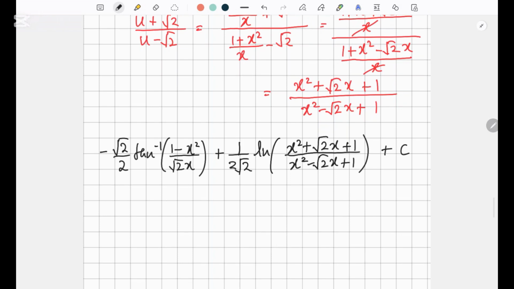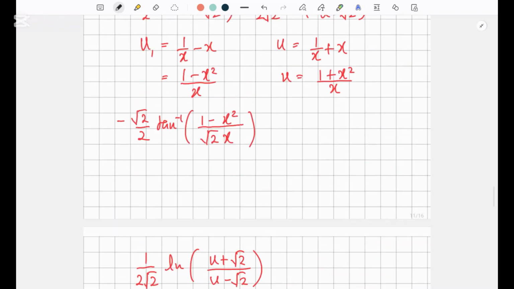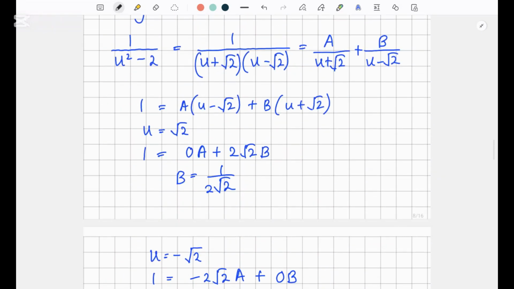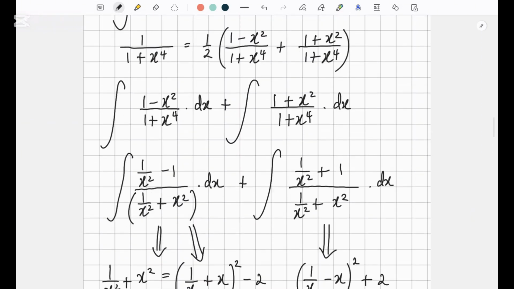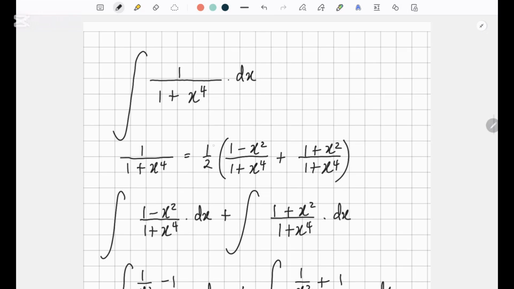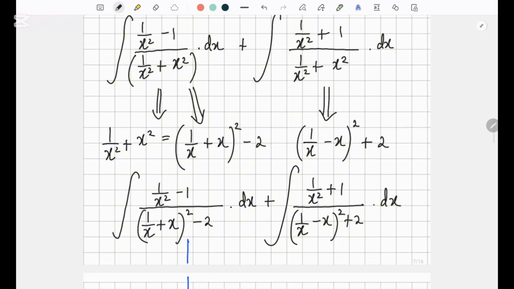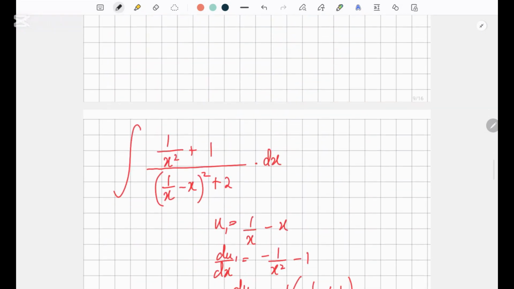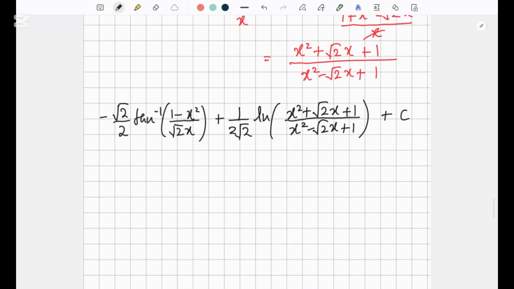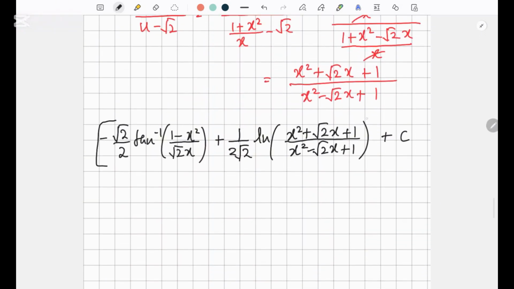but there's one more thing. Remember we took half outside from the two fractions we wrote, and I told you guys to just leave it aside for now. If I go up, you can see I didn't take this half into our integration, so I just left it aside. So I have to put that back in, right? So all I have to do is just multiply these two by half.